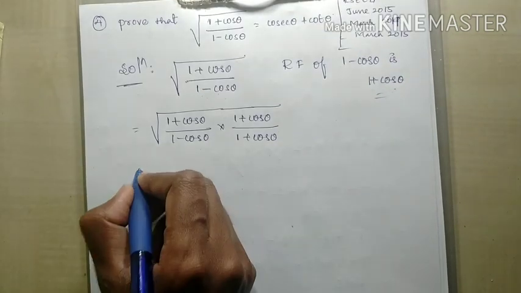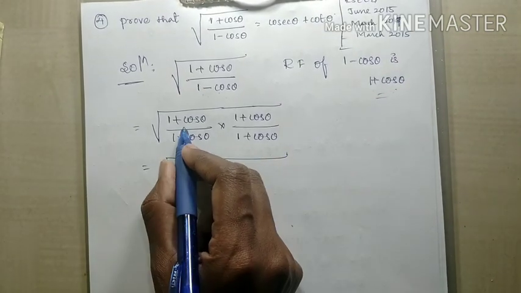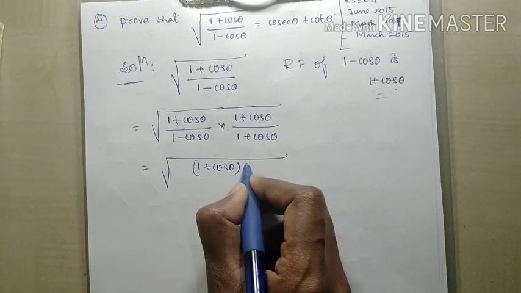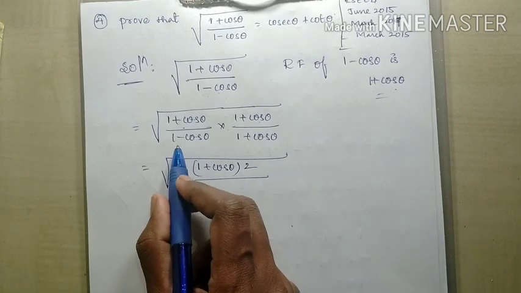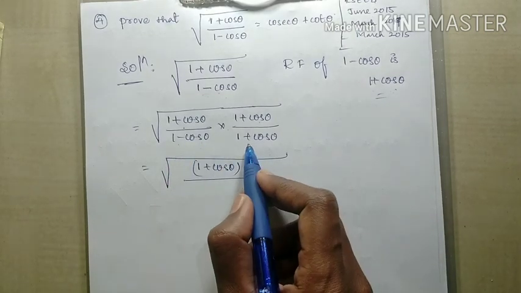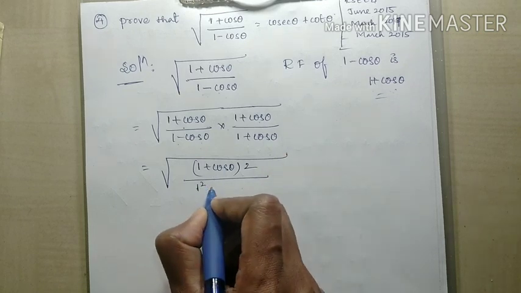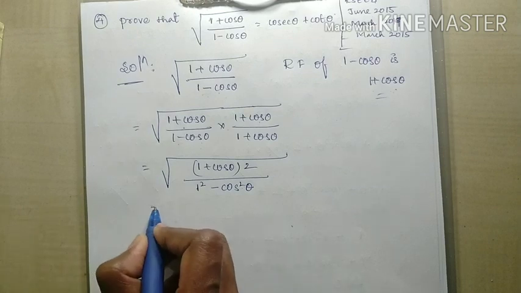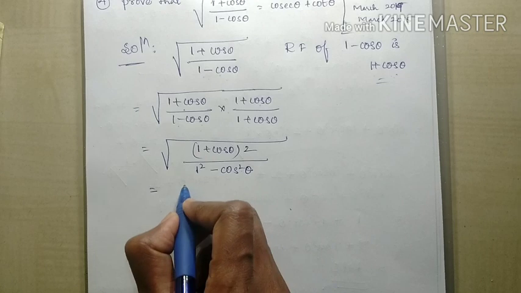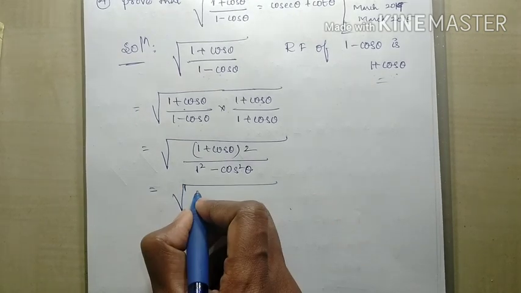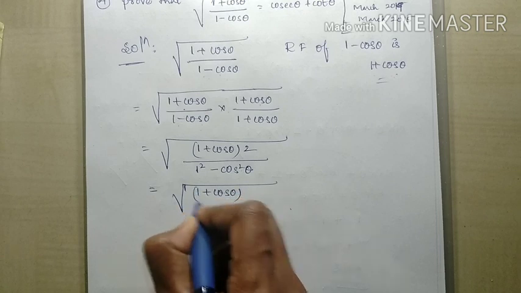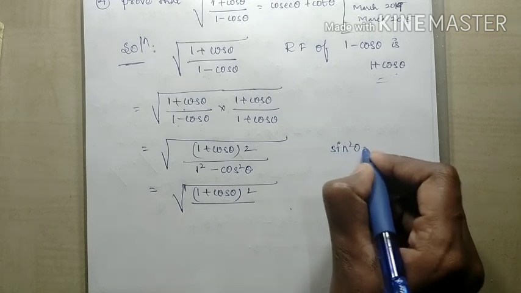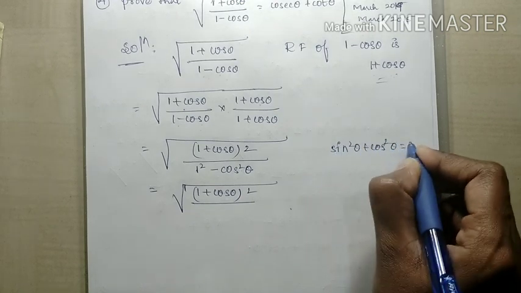So now this equals square root of 1 plus cos theta into 1 plus cos theta is (1 plus cos theta) the whole square, divided by, this is (a minus b) into (a plus b), that is 1 square minus cos square theta. So this equals the square root of (1 plus cos theta) the whole square divided by 1 minus cos square theta, that is, sin square theta plus cos square theta equals 1.